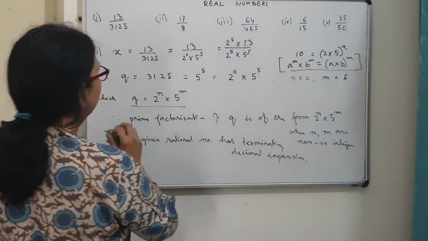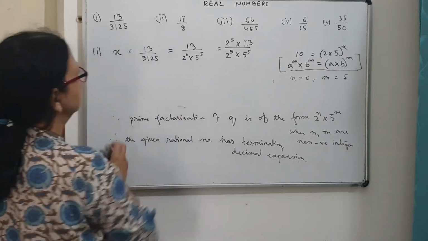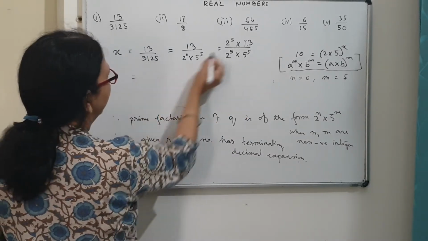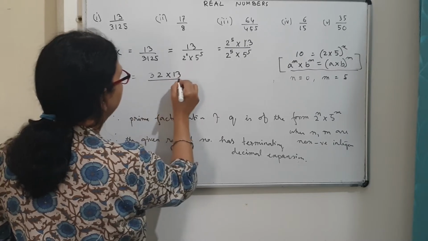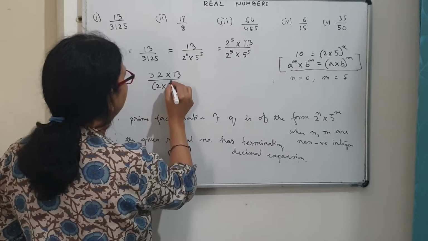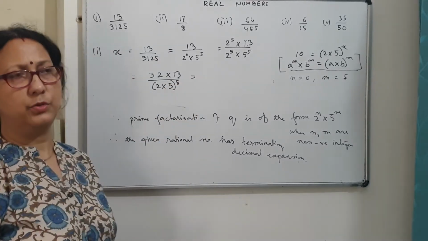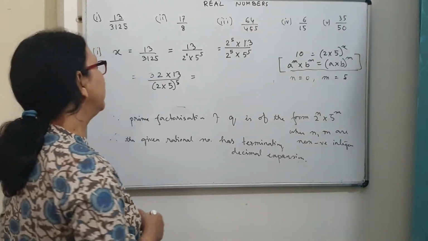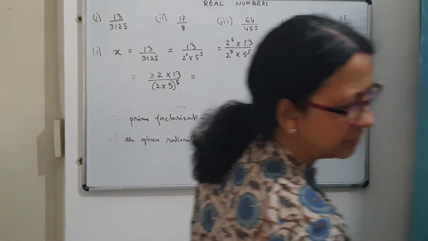The next step, what will you do? You see, 2 to the power 5, you know, is 32 into 13. And now using this, I can write 2 into 5 whole to the power 5. 32 into 13, you can do the multiplication, I think it is 416. Yes, 416.